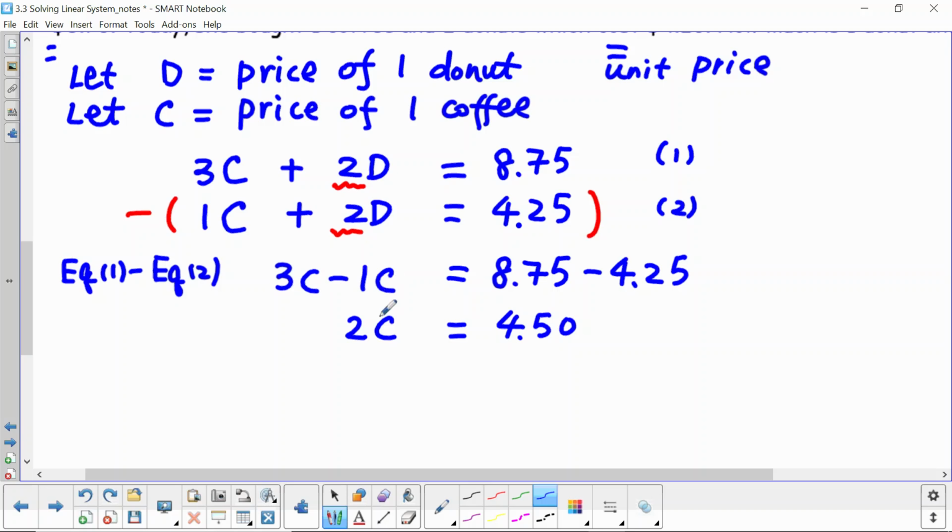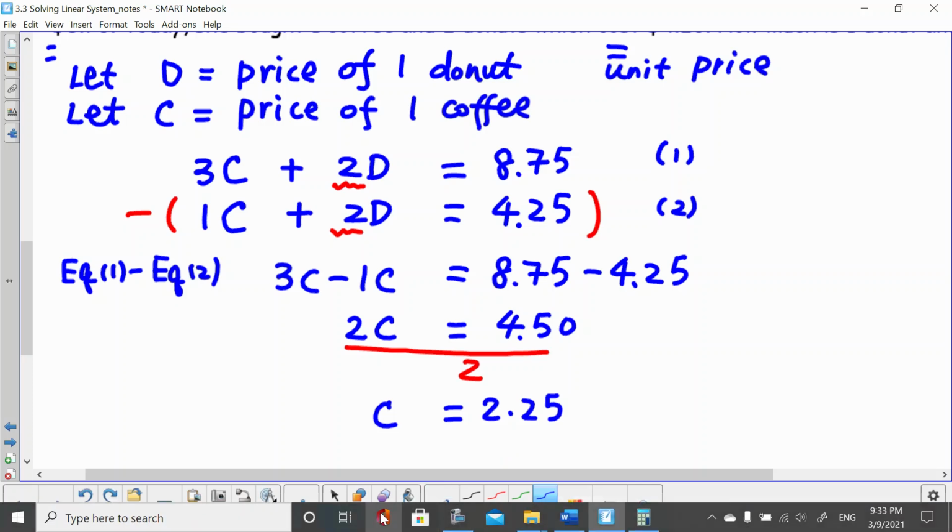So 3C minus 1C give you 2C, $8.75 minus $4.25 give you $4.50. Then in order to solve for C, we move 2 to other side. By doing the opposite operation, division, then we have 1C equals $2.25.